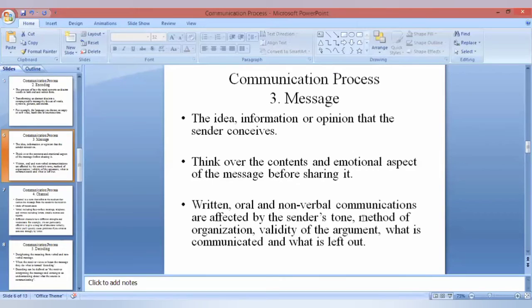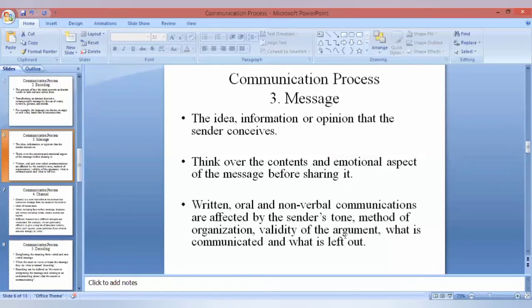The method of organization, the way you organize a message, the validity of the argument, how valid the argument is that you have shared in a message, and what is communicated and what is left out. All these things are very necessary when you start composing a message that you need to exchange or share or deliver to someone else.